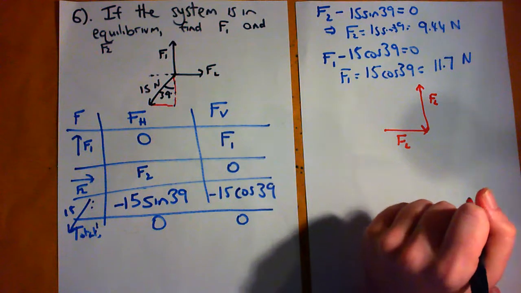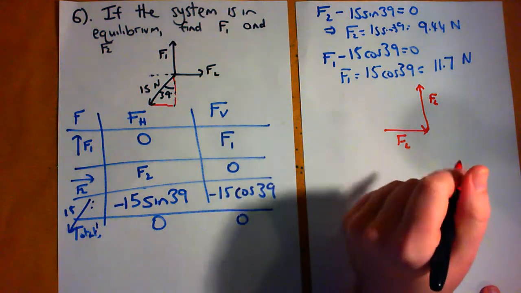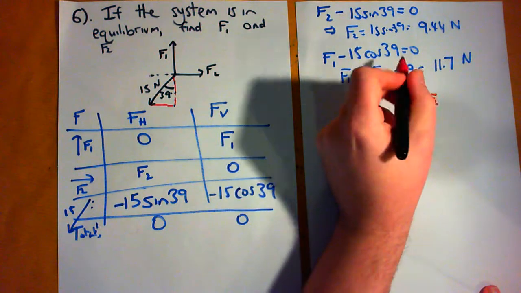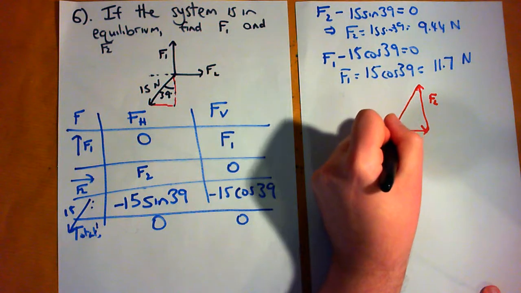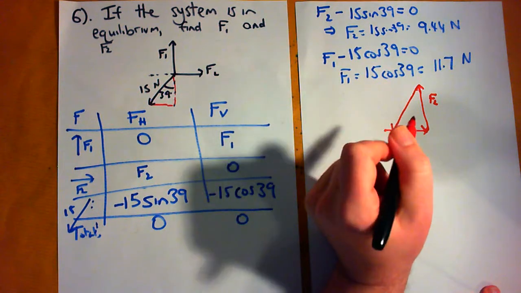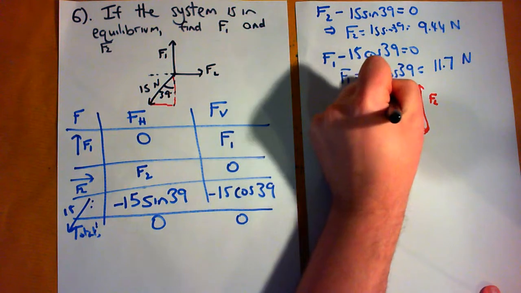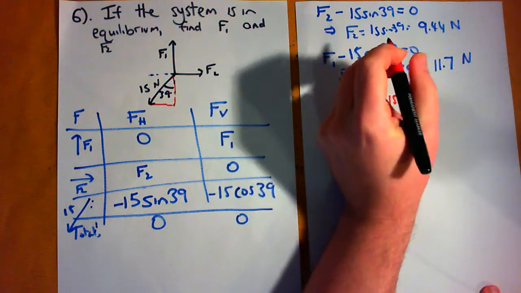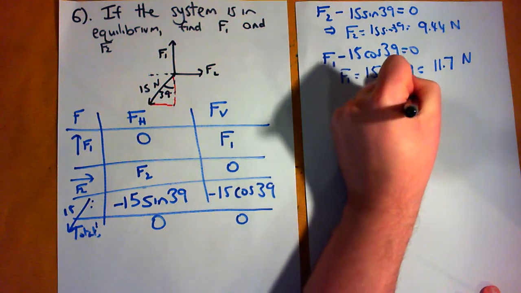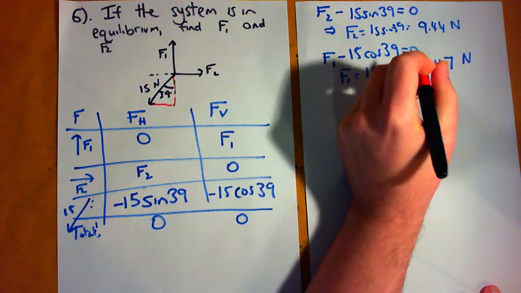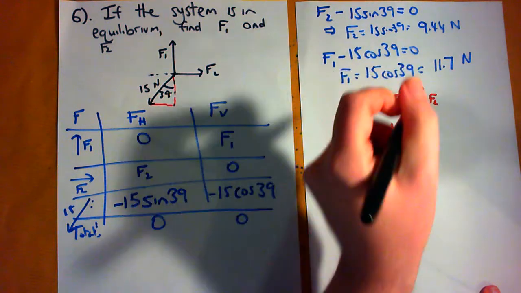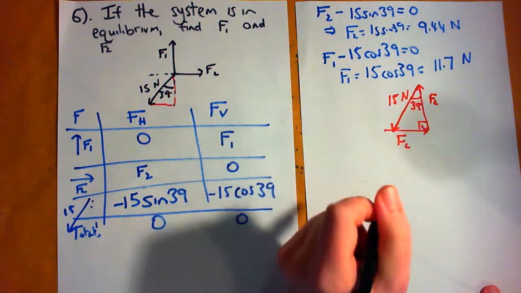And then we need to draw the 15 Newton force nose to tail with F2. Since it's in equilibrium, these three vectors should form a closed triangle. So this hypotenuse is 15 newtons, and we've got an angle there of 39 degrees. That's a 90-degree triangle.